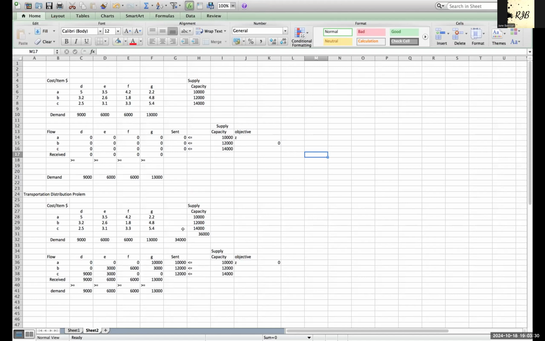Yeah, I will research, sir. Okay, you search first in Google because I'm not using Mac, so I don't know. There must be a way. Anyway, even if you use Google Spreadsheet, you can download the extension for solver, so you don't really need to use Excel.